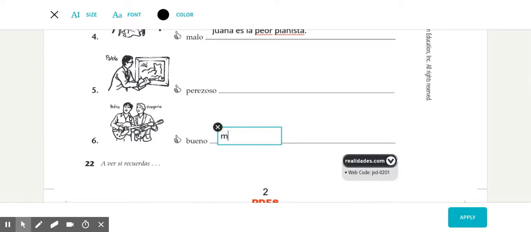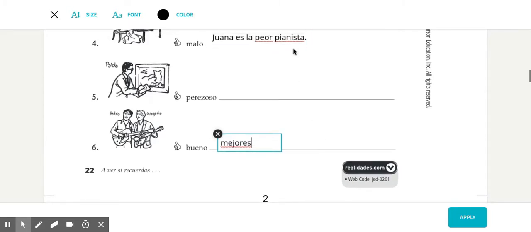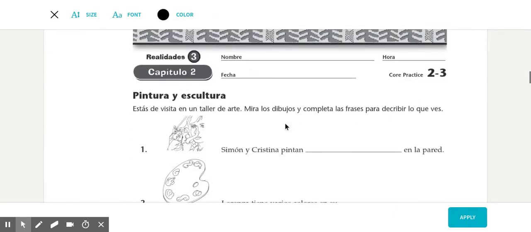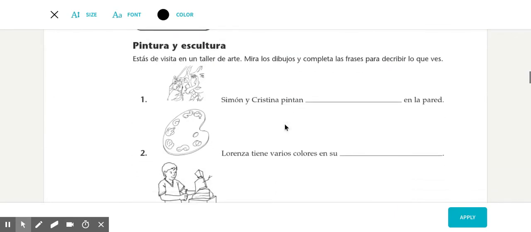Son los mejores músicos. Okay. Or los mejores cantantes. Son los mejores músicos. They're the best musicians. So make sure you use mejores in that one, just like you had peor pianista in this one. Okay, moving on to 2-3.